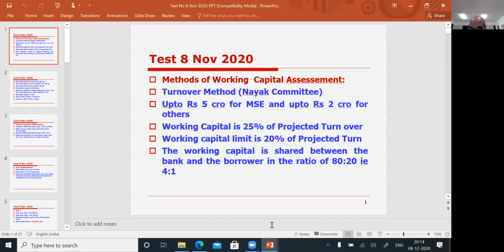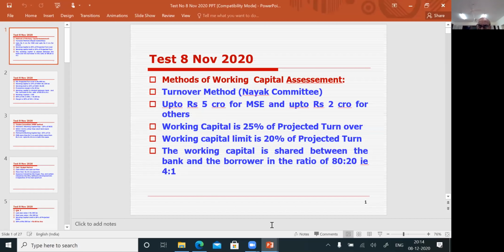CGTMSC cover is not available for MSME borrowers. Similarly, the standard asset provision for MSC is only 0.25. It should be very clear, because they will give MSME as an example. By seeing the M first word, last word you should not take. In between, you have to see whether SE is there or SME is there.